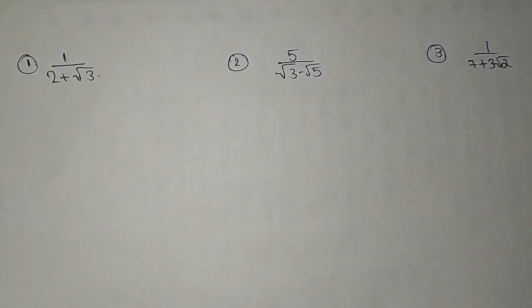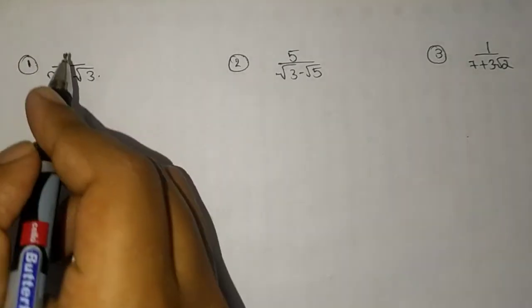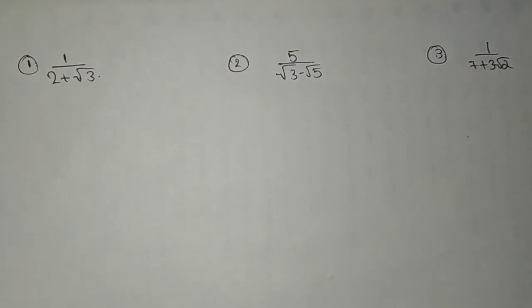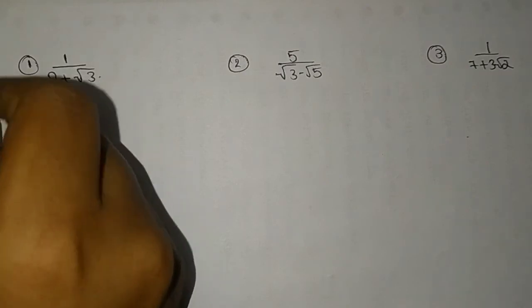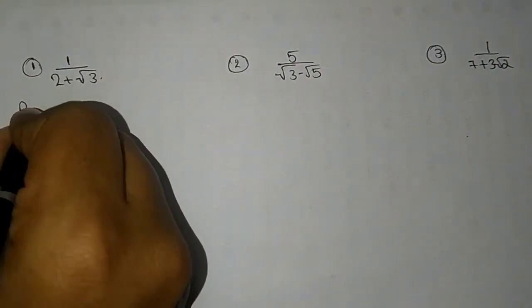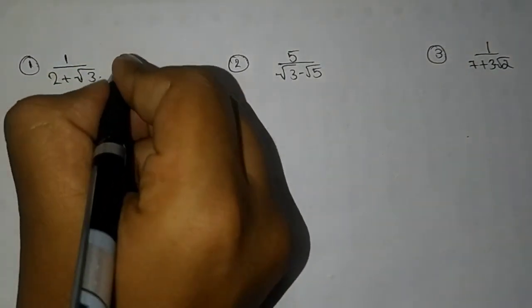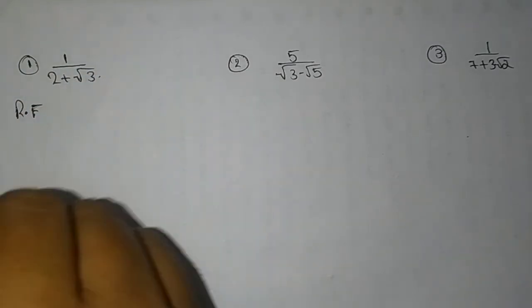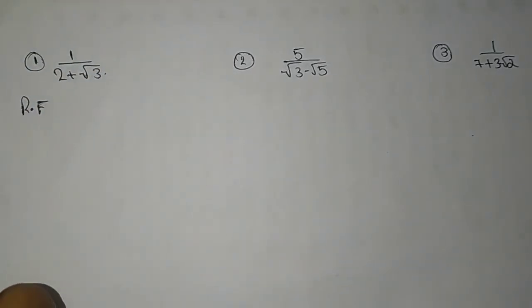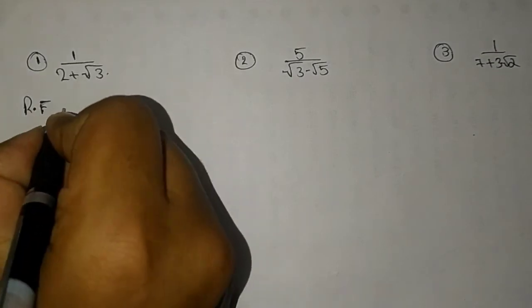The same concept. There is a factor called the rationalizing factor. What is the rationalizing factor? It is RF. You need to multiply and divide by that factor so that your problem will not alter and you will get the rationalized denominator.